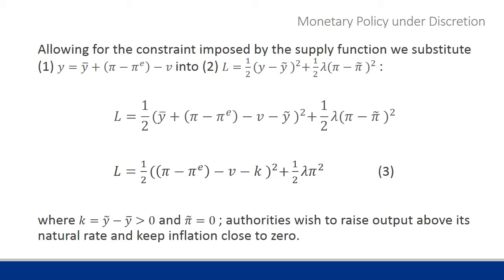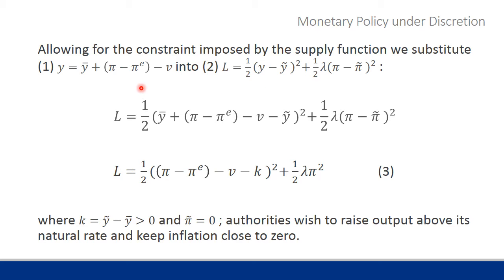Now we can substitute the supply function, to think of as a constraint, into the policymaker's loss function. So the loss function now takes account of the constraint presented by the aggregate supply relation. So we can substitute equation 1 into equation 2. And the best place for that is where we have y in the first term on the right hand side.